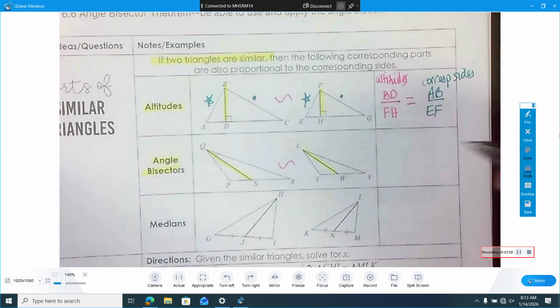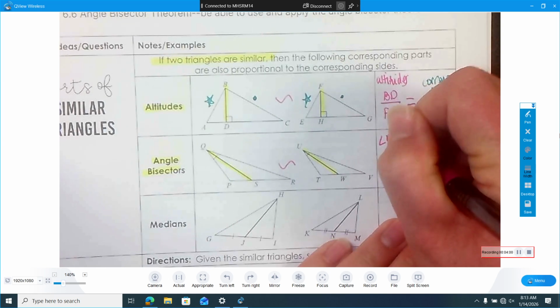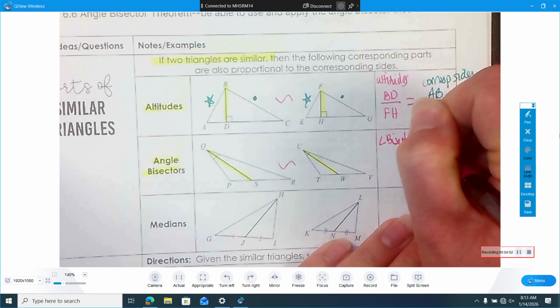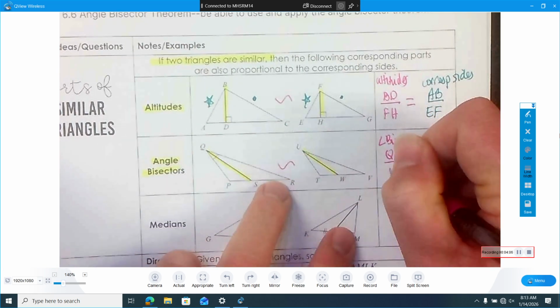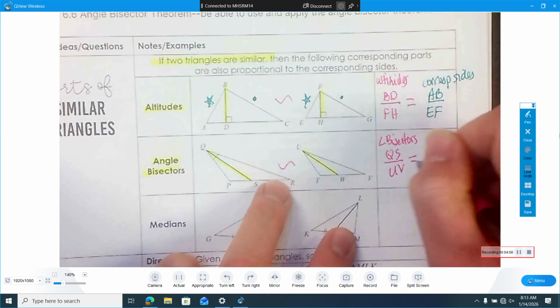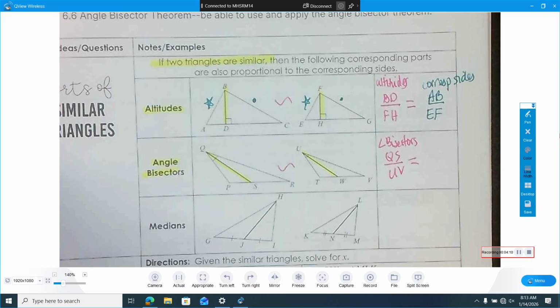And so I can create a ratio using those angle bisectors. I could say QS over UV would be proportional to a pair of sides of our similar triangles.